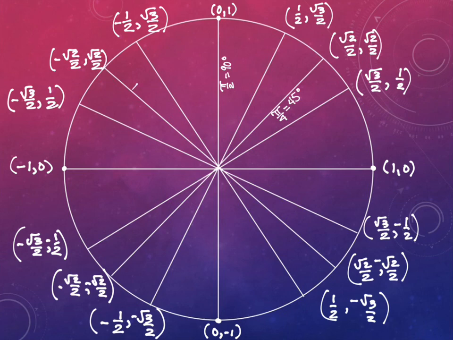So this one over here is 135. And you're exactly right, it's 3 pi over 4. We are adding 2 every time on top. So we go from pi over 4 to 3 pi over 4, the 1 became a 3.